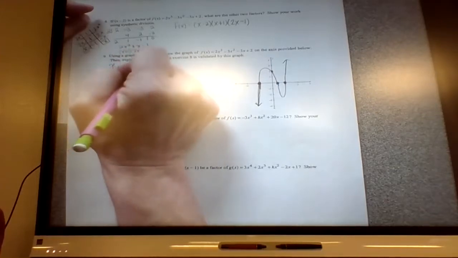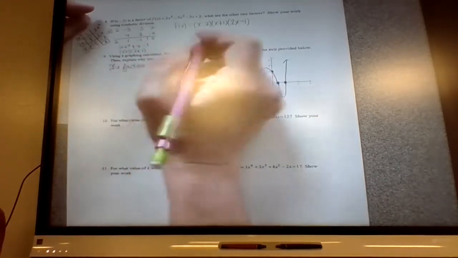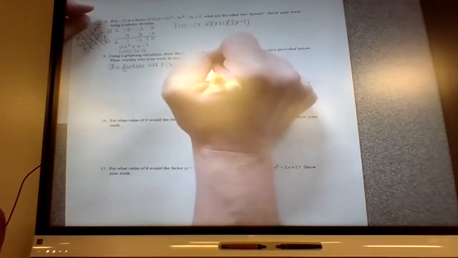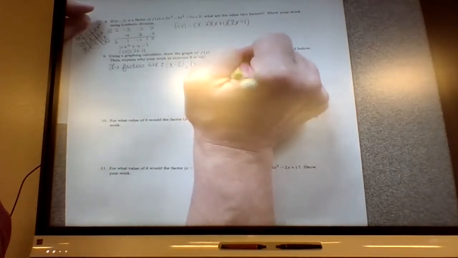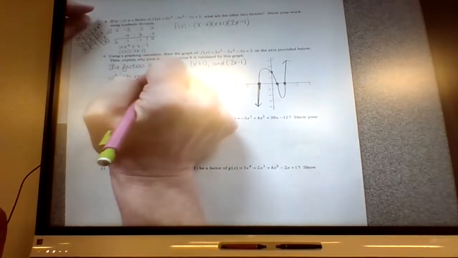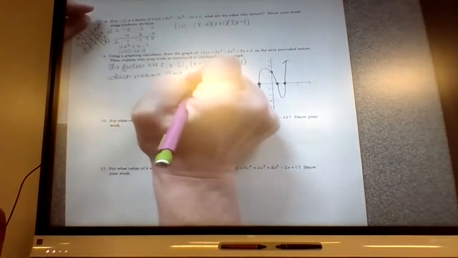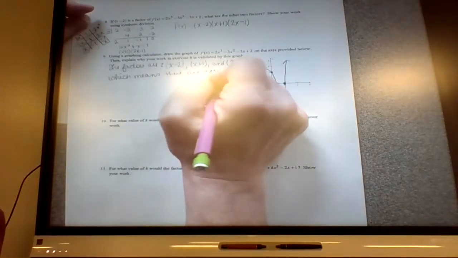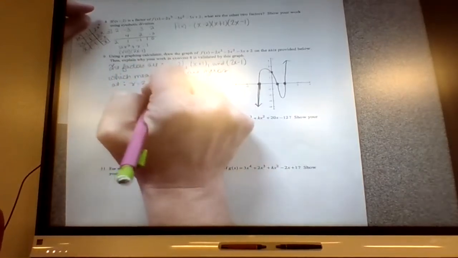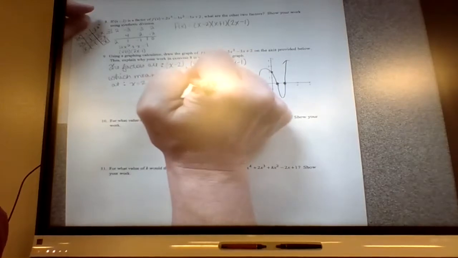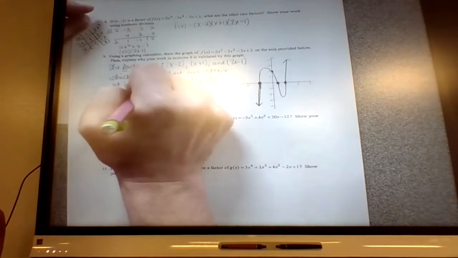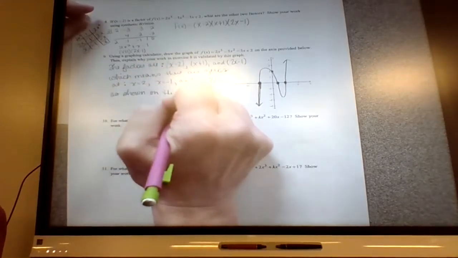The factors are x minus 2, x plus 1, and 2x minus 1, which means there are zeros at x equals 2, x equals -1, and x equals 1/2 as shown on the graph, per my last email.